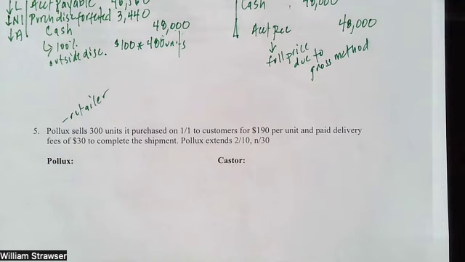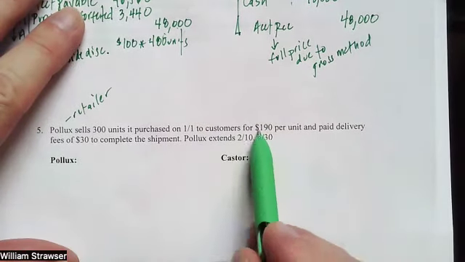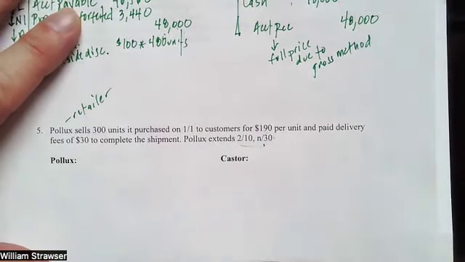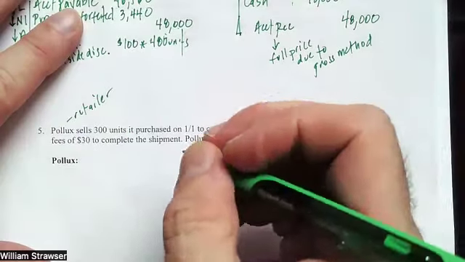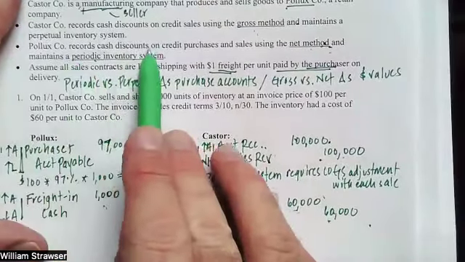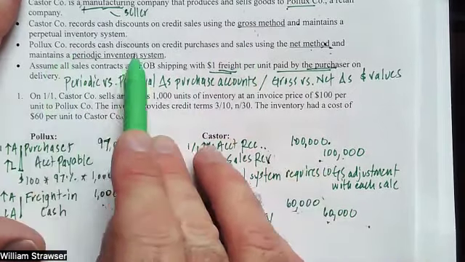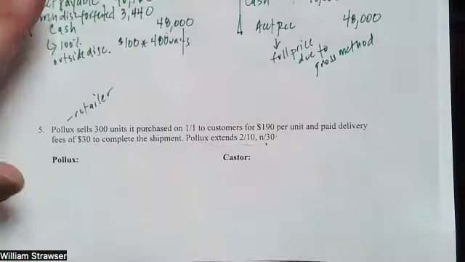And they sell 300 units that they purchased on 1/1 for $190 per unit, and they paid delivery fees of $30 to complete the shipment. And they have credit terms, right? So they are also selling on credit. And when they sell, it says Pollux records cash discounts on credit purchases and sales. So they're using the net method for both.